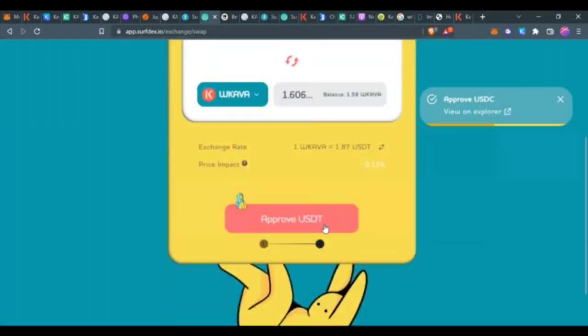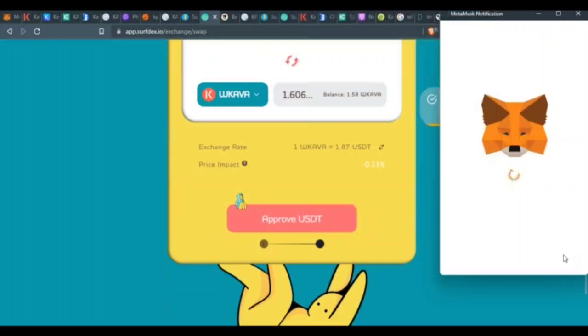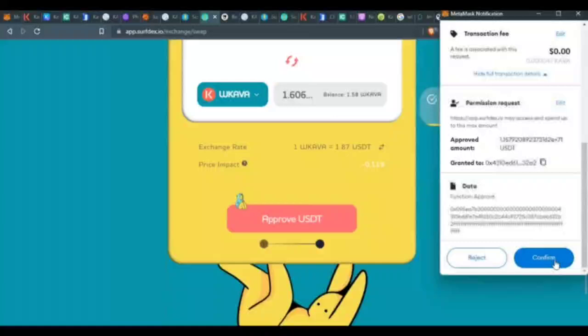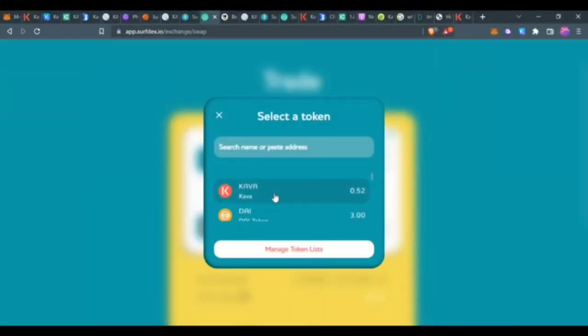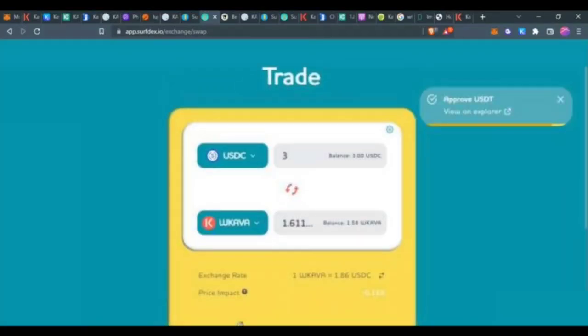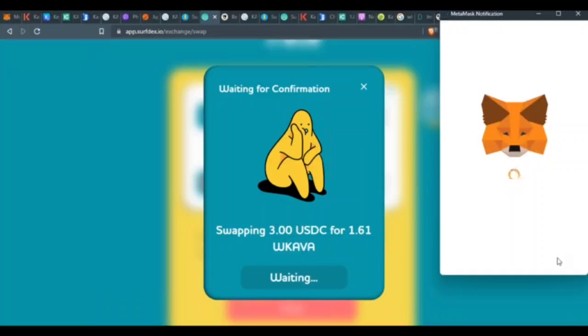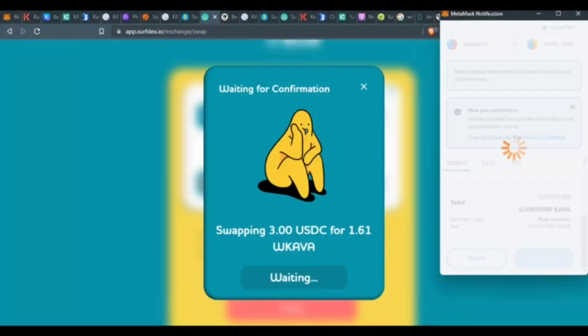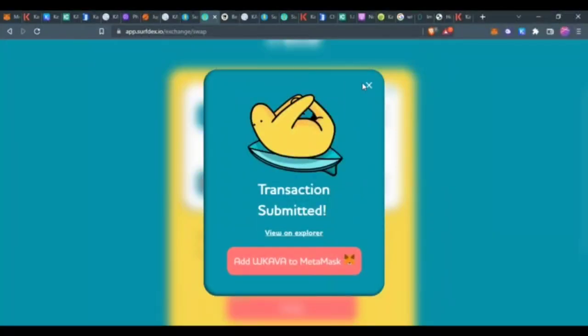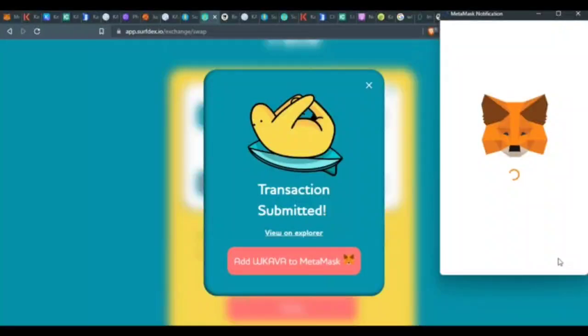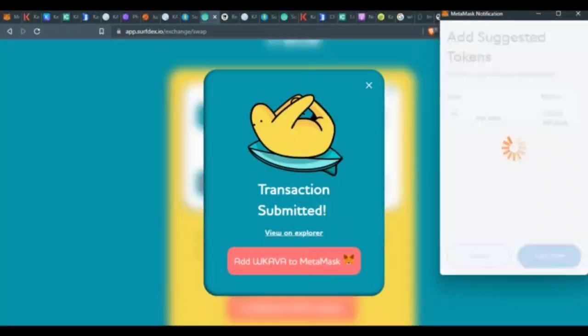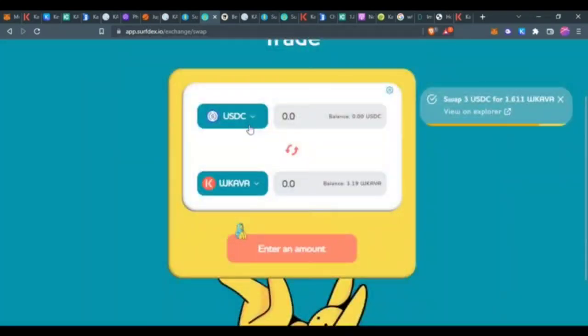USDT. Firm swap. Yeah, we can add wrapped Kava to MetaMask. And then we can take our USDT.